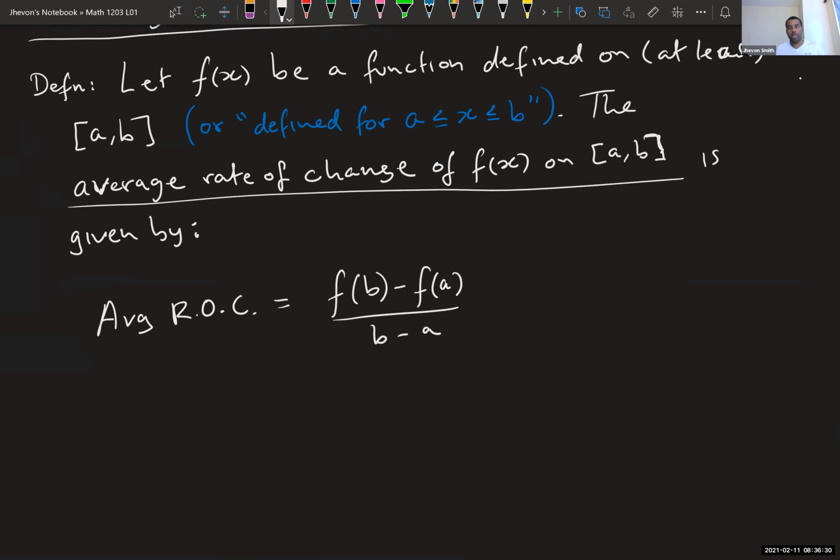And that should be familiar to you. That's our old friend, the difference quotient. So that guy showed up yet again. If you didn't know before, we're going to start to figure out why this guy is important. Where did he even come from?